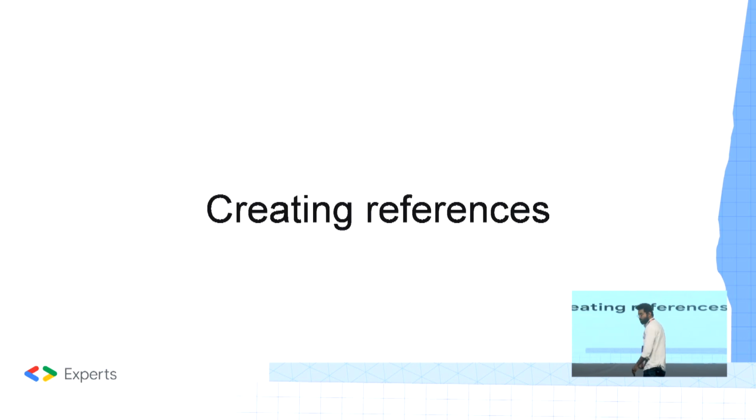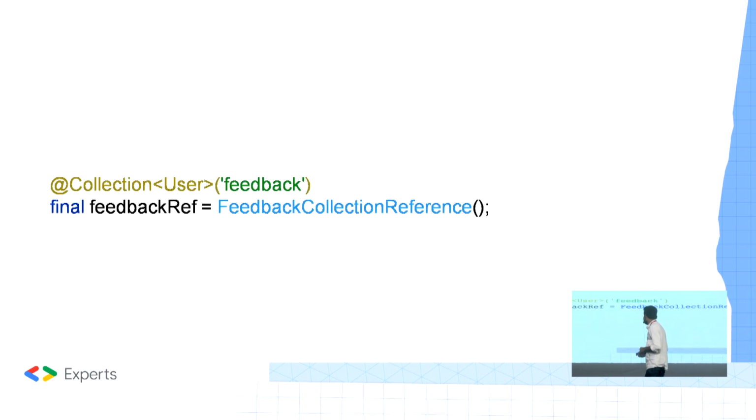So obviously, in everything in Firestore, it will start with a reference. If we talk about a database, it will have tables, but instead of tables, it will be a reference. What will be the reference? We have a screen called feedback, so we'll name it feedback.